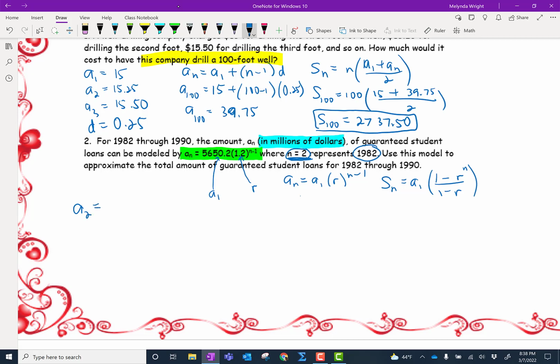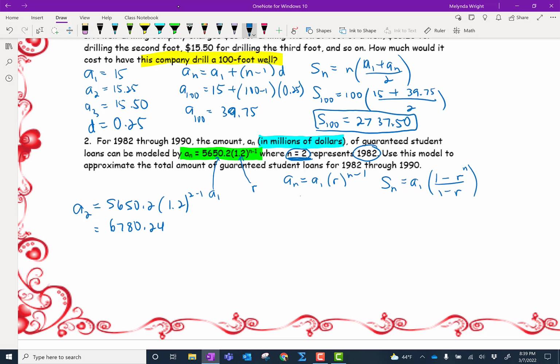So a sub 2 would be 5650.2 times 1.2 to the 2 minus 1. And again, I put that in my calculator. It's 6,780.24. All right, good.